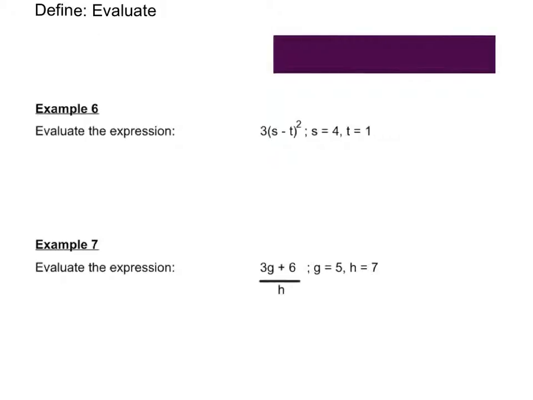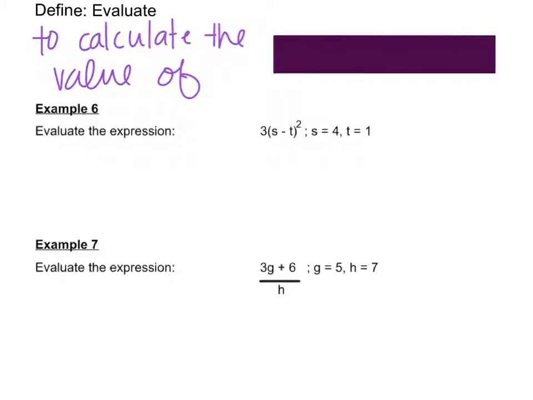We have another vocabulary word here, and it is evaluate. And so our thing was order of operations, and we're also going to evaluate expressions. But what does it mean to evaluate? It is simply to calculate the value of. And so, in our first example, we have the expression.